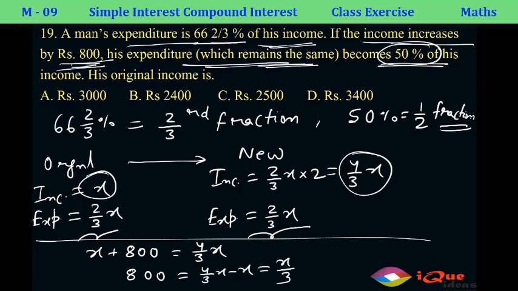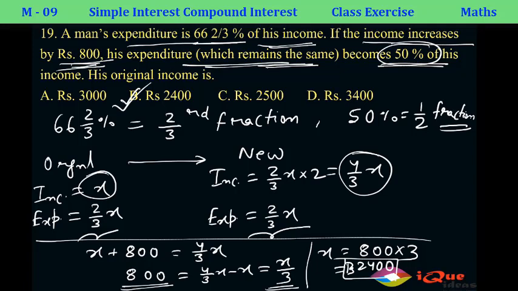Alright, 4 by 3 minus 1 is 1 by 3. So from here we get X equal to 800 into 3, because 800 is equal to X by 3. So X is equal to 800 into 3, which is 2400 rupees. So that means the original income of the person was 2400. This was a very easy question. B option is the correct answer. Alright, now let's go to the next one.